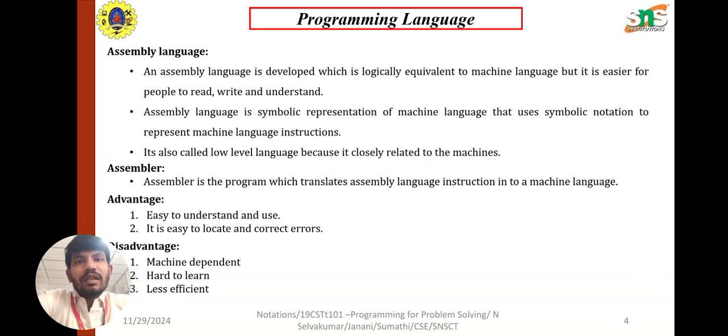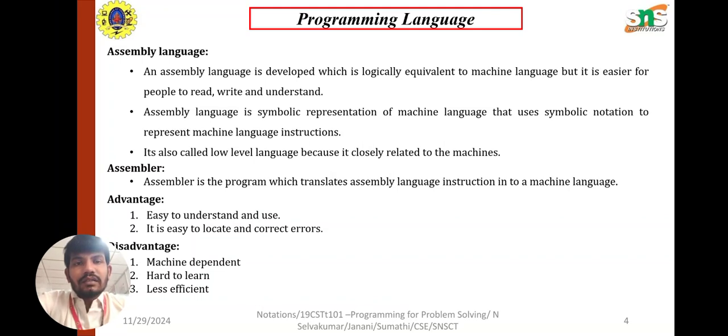Second one, assembly language. Assembly language is logically equivalent to machine language, but it is easier for people to read, write and understand. Assembly language is a symbolic representation of machine language that uses symbolic notations to represent machine language instructions. It is also called a low level language because it is closely related to the machine. An assembler translates assembly language instructions into machine language.